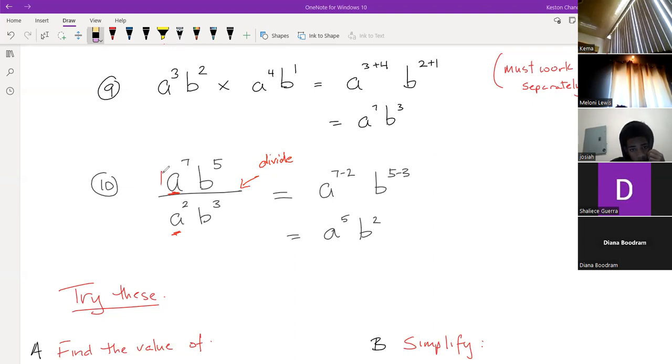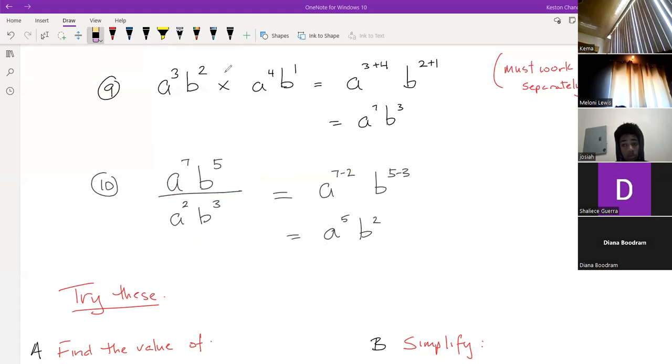So we look at the a's by themselves, because those two bases are the same. So we could subtract these two powers. There's always the one on top going first, minus the one at the bottom. So 7 take away 2 is going to give me a to the power of 5. 5 take away 3 is going to give me b to the power of 2. And it's as simple as that.